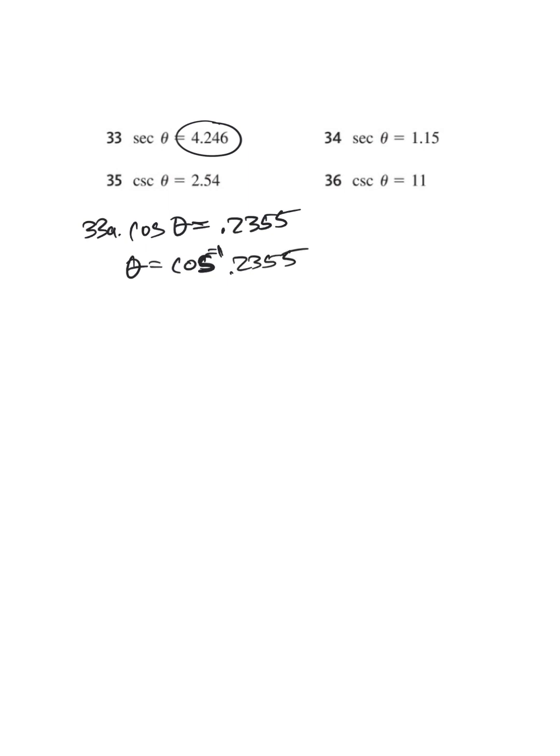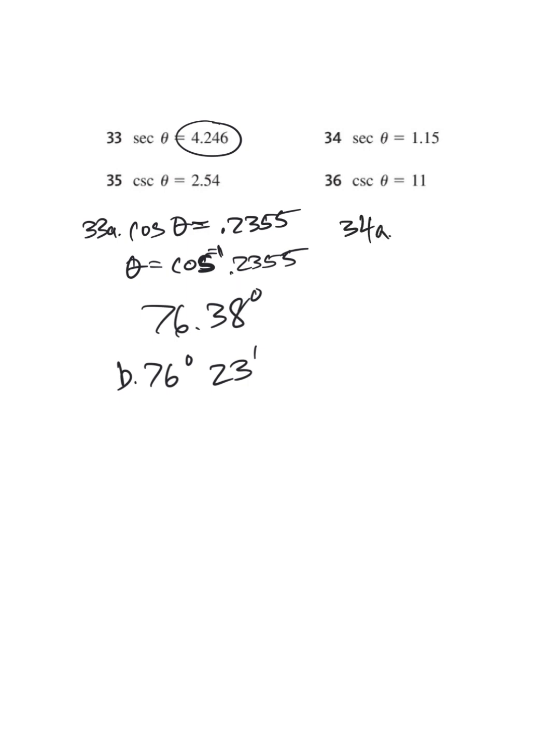So the inverse cosine of that value is going to give you 76.38 degrees. So part B is 76 degrees, and 0.38 times 60 gives you 23 minutes.